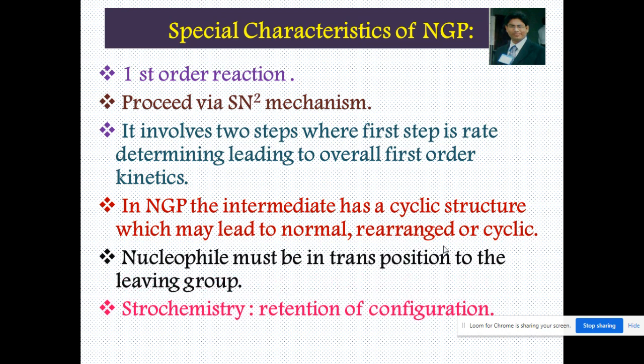The stereochemistry of an NGP reaction is retention of configuration. And the most important point for an NGP reaction is enhanced reaction rate. Due to this enhancement of reaction rate, it is also called anchimeric assistance.